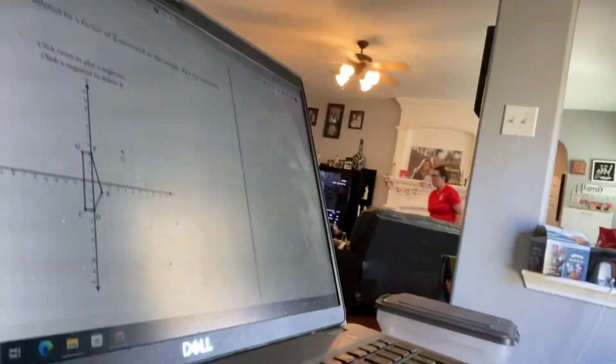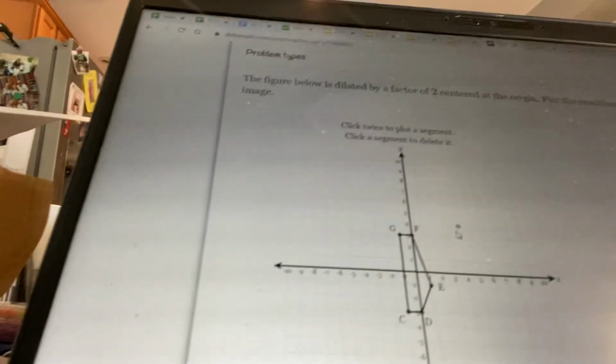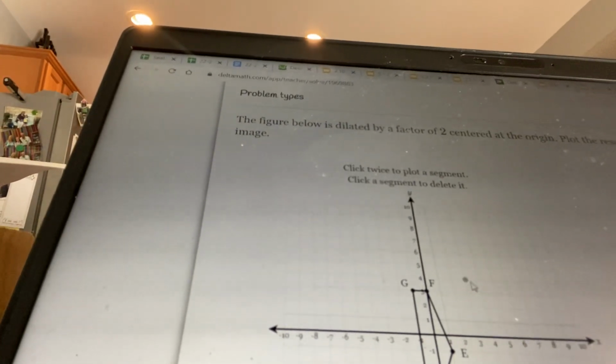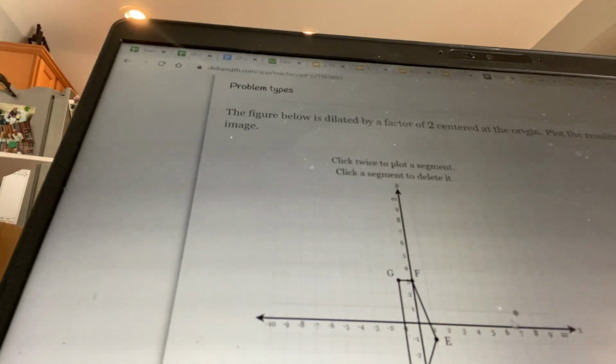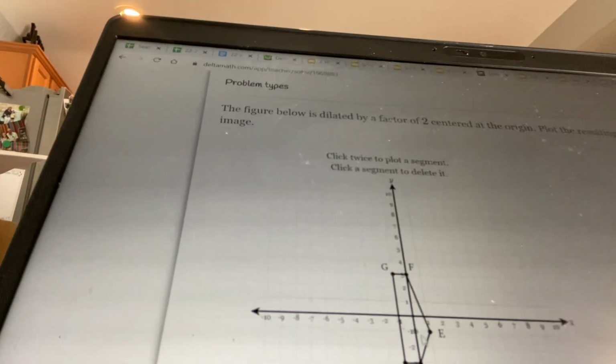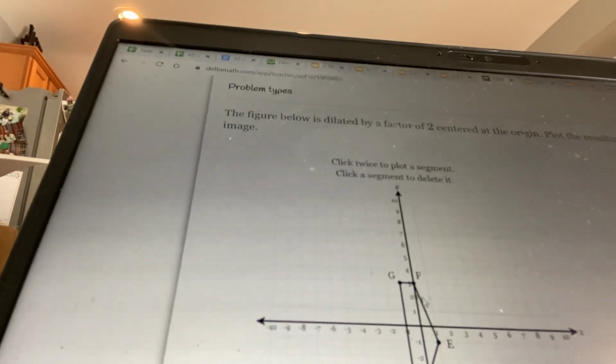On the Delta Math, I do want to kind of show you one. So I'm looking at it here on the computer. It says we're dilating by a scale factor of 2 with a center on the origin. And it wants us to click twice to plot a segment. But really, I'm just thinking in terms of individual points.